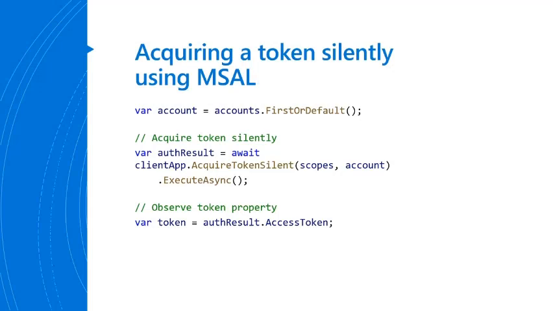The AccessToken property contains a token that is used to call protected web APIs in an HTTP bearer request. Accounts.FirstOrDefault if you have multiple accounts. Then to acquire token silently, you just say clientApp.AcquireTokenSilent with the scopes you set and the account, and ExecuteAsync, and then you can simply have the token.